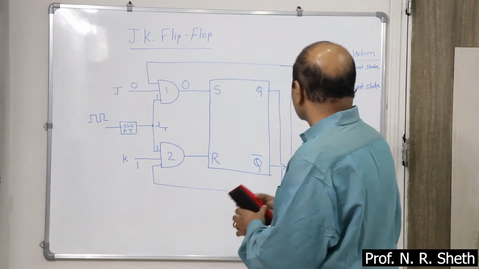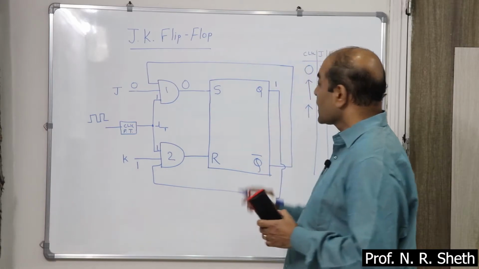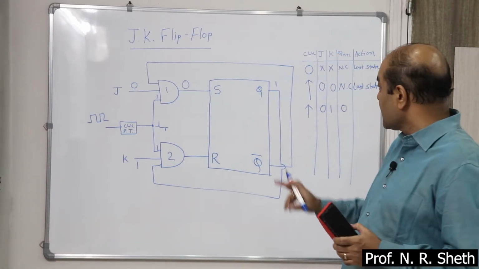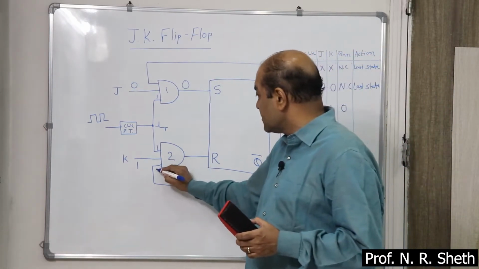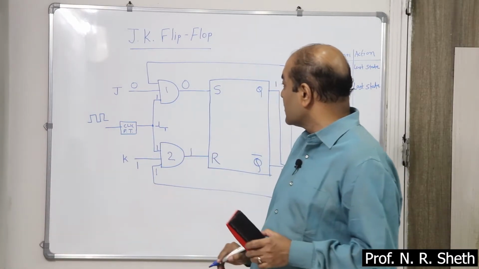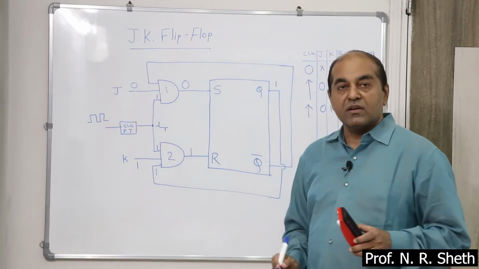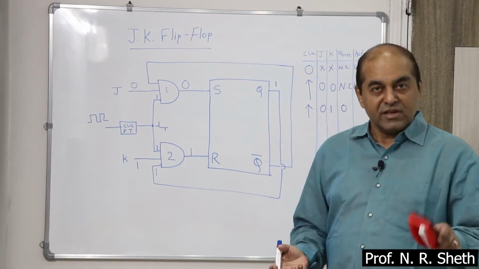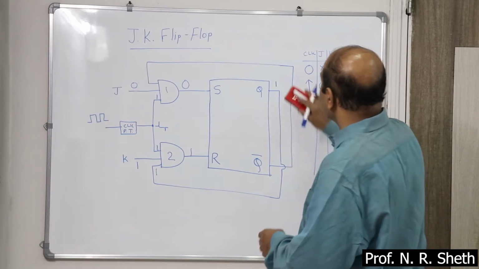Then, suppose Q is 1. So, 1 comes here, 1, 1, 1. So, this one is 1. S is 0, R is 1. Then what happens? Yes, Q becomes 0.